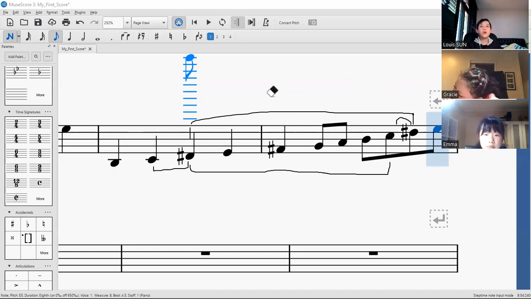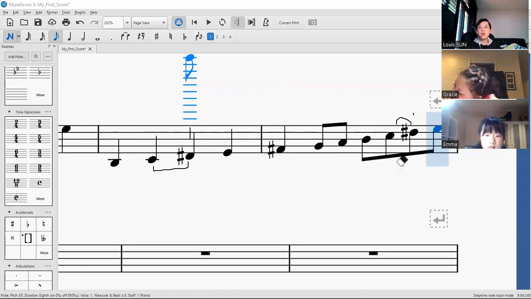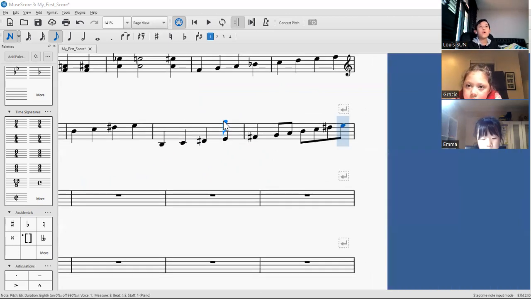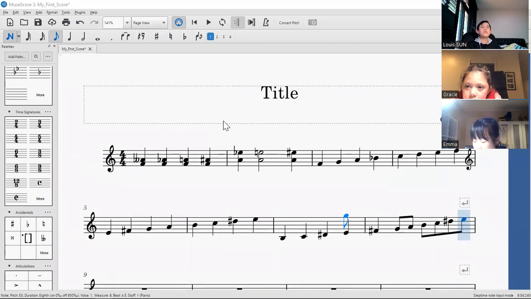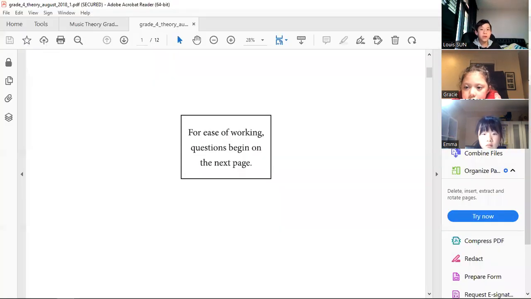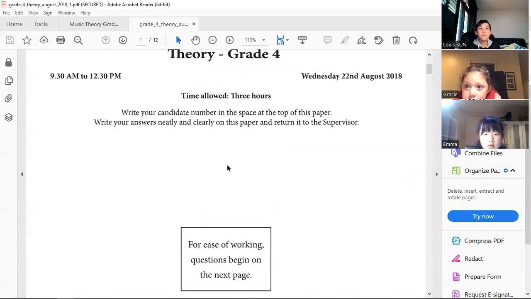Right. So, do augmented and diminished intervals make sense? Yeah. Okay. Cool. So basically, the important thing to realize is that you're probably not going to be tested on anything other than diminished fifth, augmented fourth, augmented second, and diminished seventh. Let's take a look at the exam.